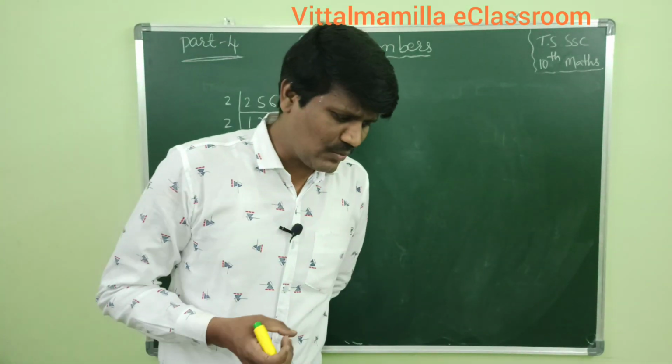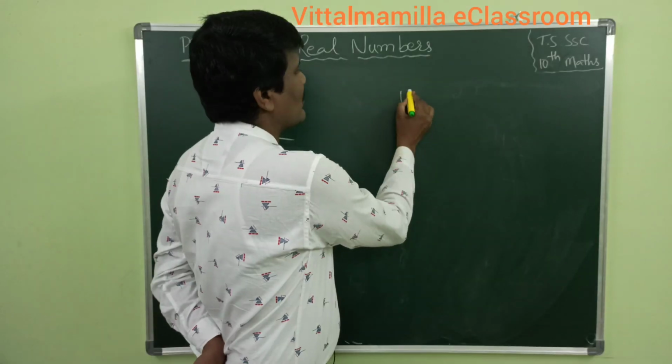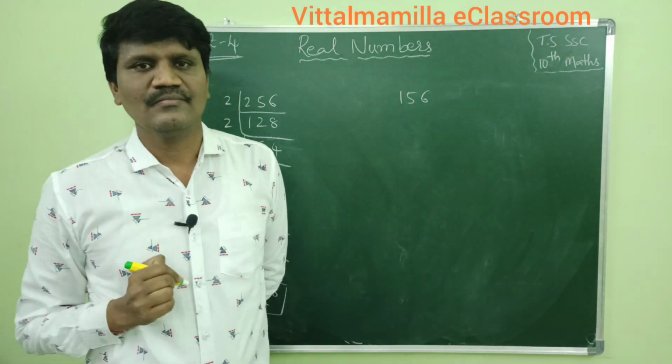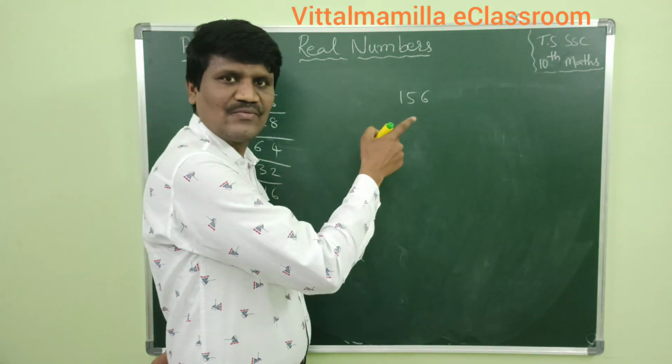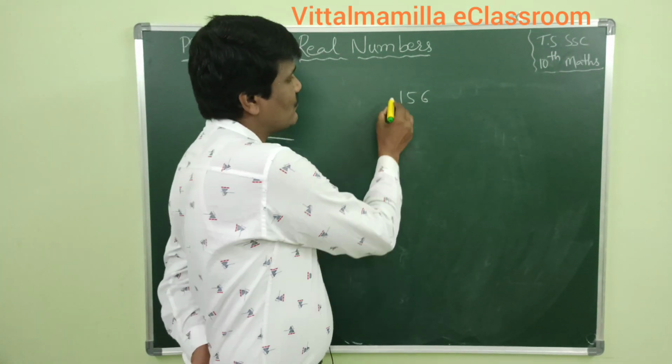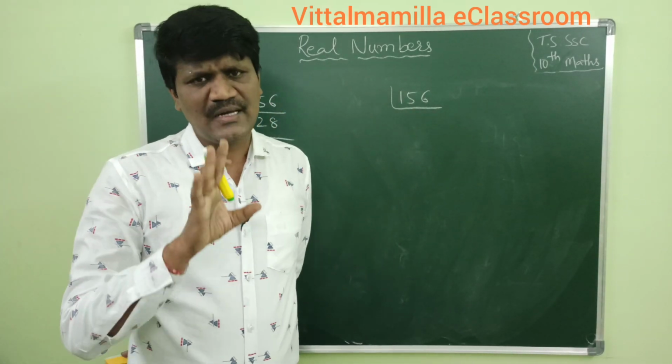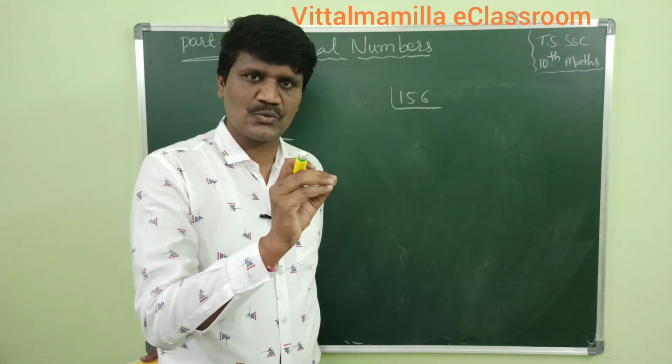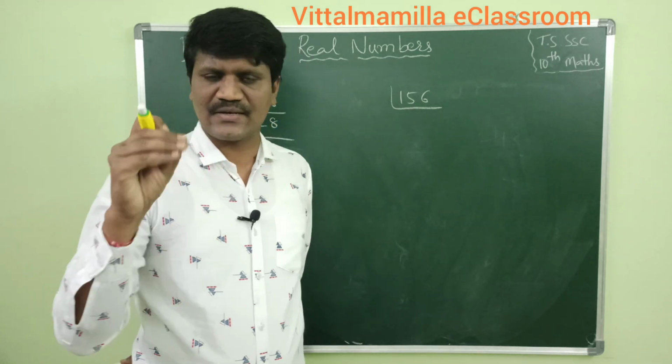Now let us see one more problem, take 156. The prime factorization of 156 always starts from the least prime number. First 2, next 3, next 5, next 7, like that.